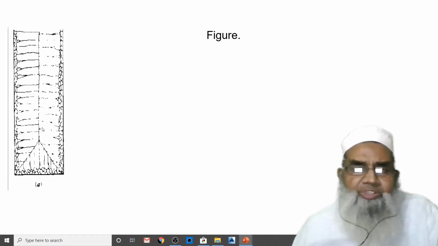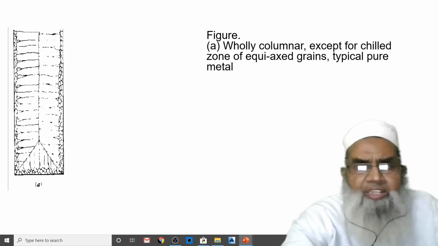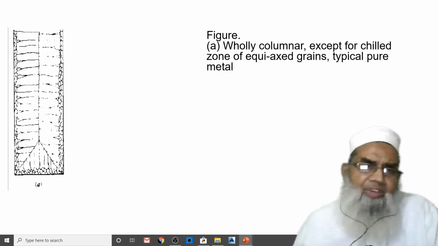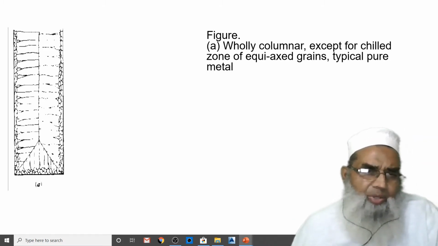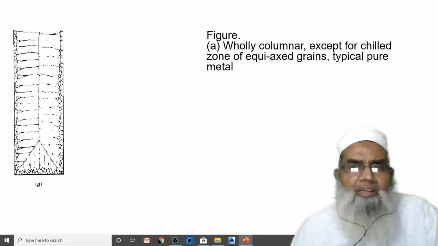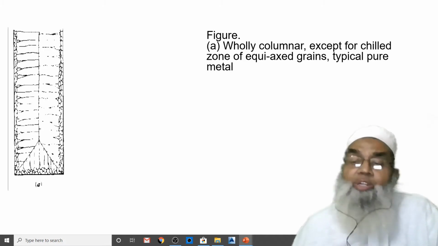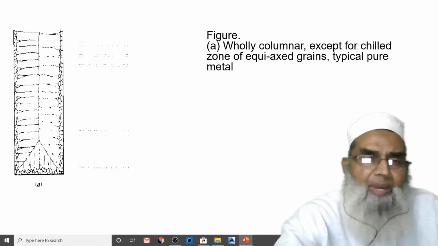This figure shows a pure metal, wholly columnar except for the chill zone where we have an equiaxed region, because when the molten metal is poured in the cavity, it forms a chilled zone with high temperature gradient causing equiaxed grains, and this gives a typical structure of solidification of pure metals.